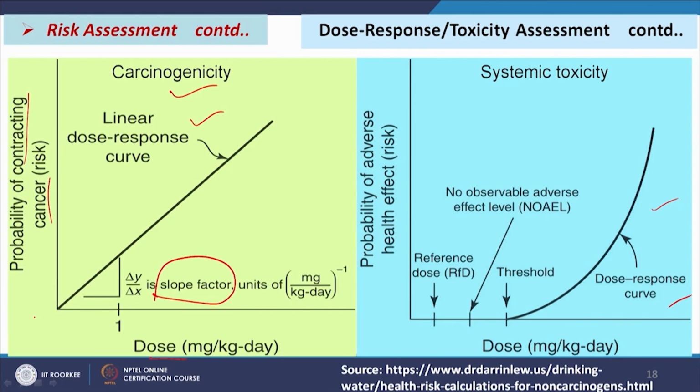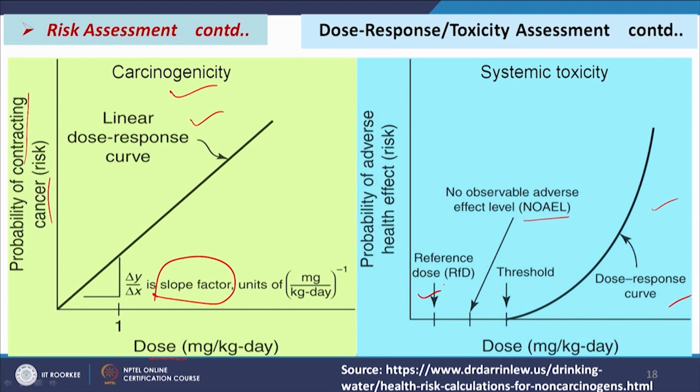In that case the reference dose is considered as per EPA, and then one NOAEL is considered, the no observable adverse effect level dose. Up to this level, the probability of adverse health impact is very less, 0. So, at RFD normally it is 0.